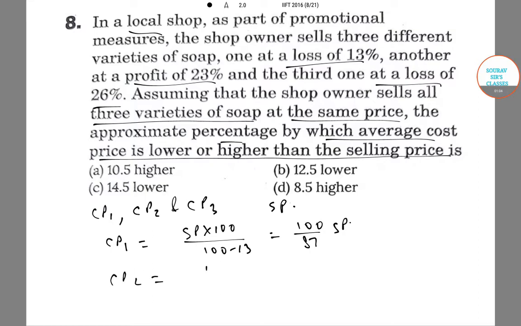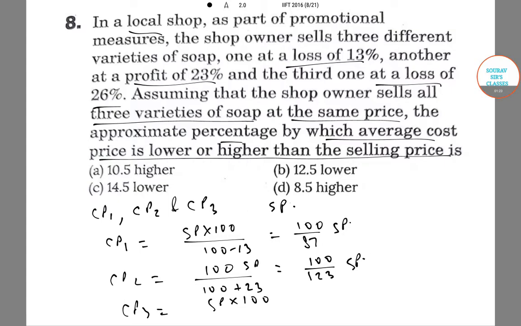Similarly, CP2 is 100 by 100 plus 23 SP, that is 100 by 123 SP, and CP3 is equal to SP into 100 by 100 minus 26, which is equal to 100 by 74 SP.